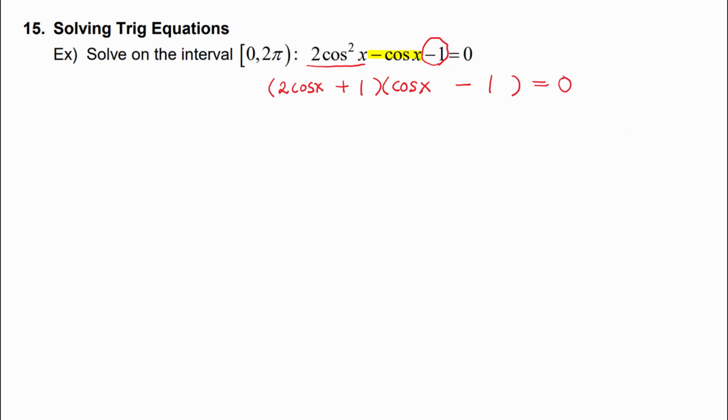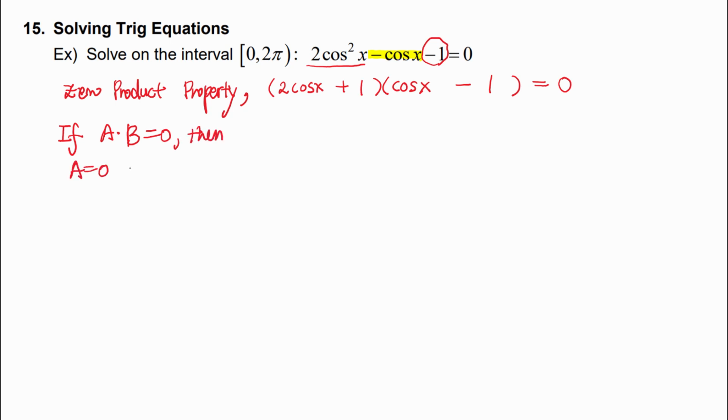Now, using the zero product property, what is that? The zero product property says, from your algebra, if A times B equals 0, then either A must be 0 or B must be 0. So once you factor, you know one of these quantities has to be 0.